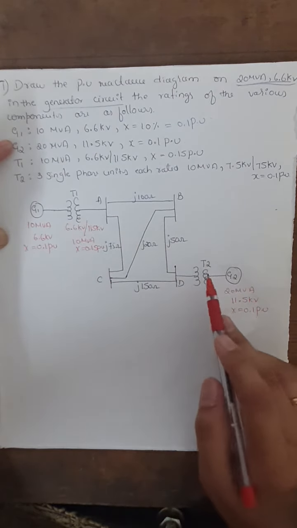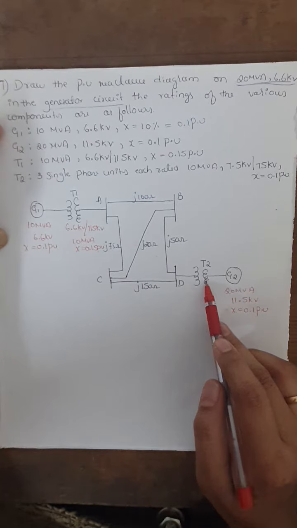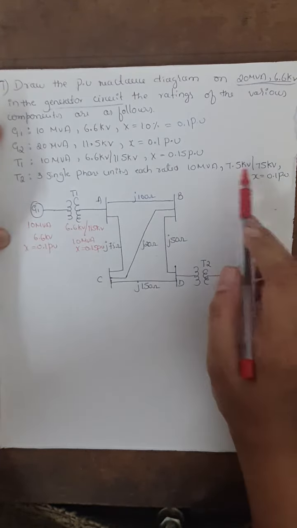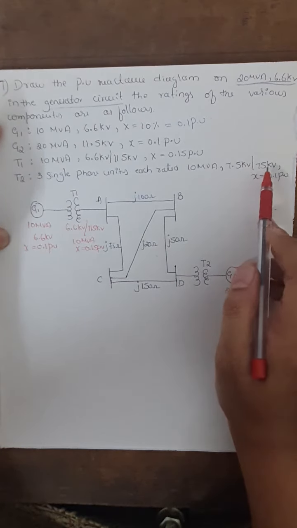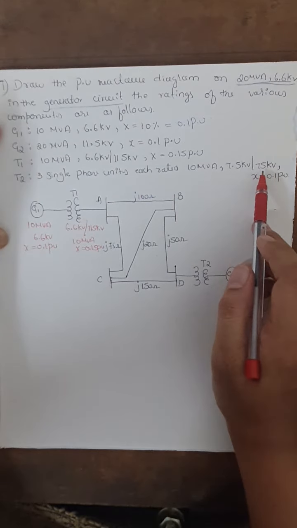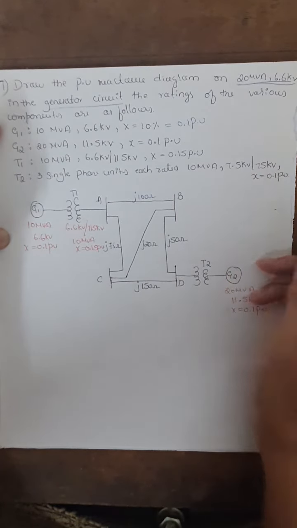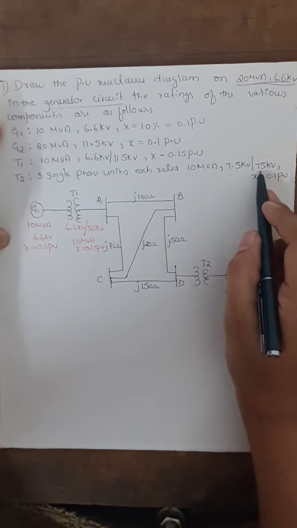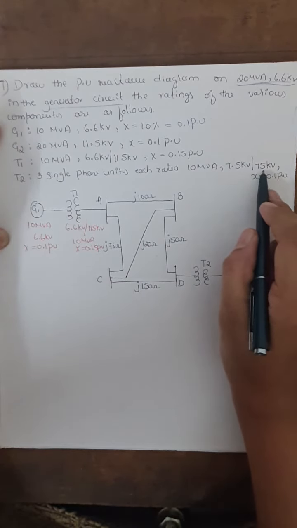Here the transformer T2 is not a 3-phase transformer, it is 3 single phase transformers, and the rating is given here. 7.5 will be the low voltage rating and 75 will be the high voltage rating. So here you need to convert the 3 single phase into a 3-phase transformer. How do you convert? The higher voltage rating 75 should be multiplied with root 3.